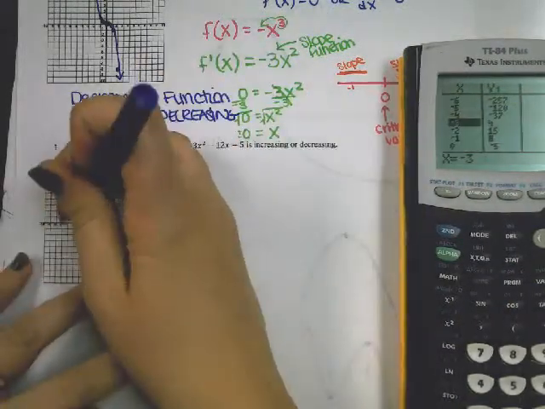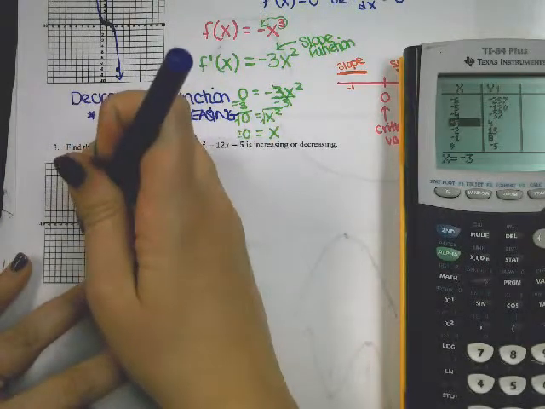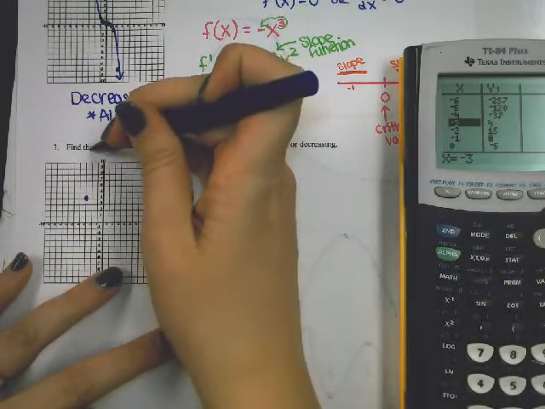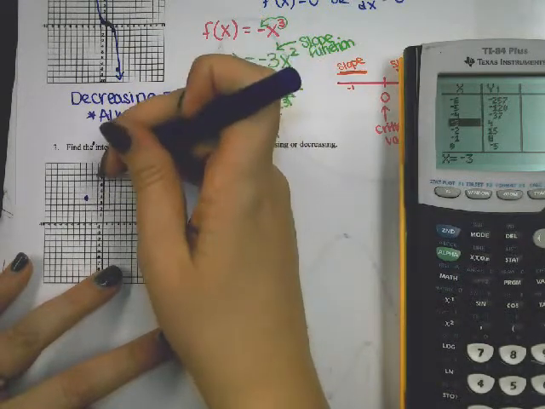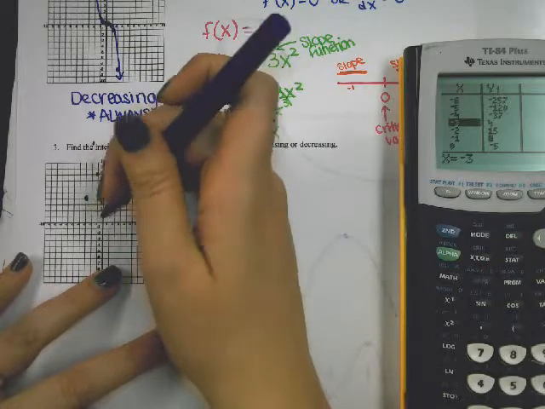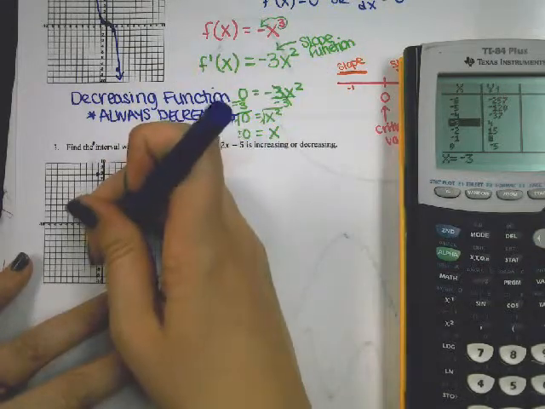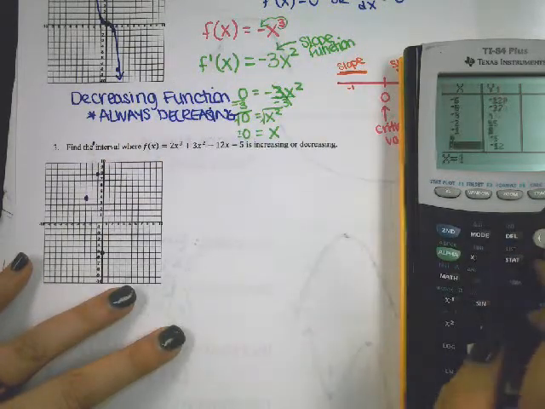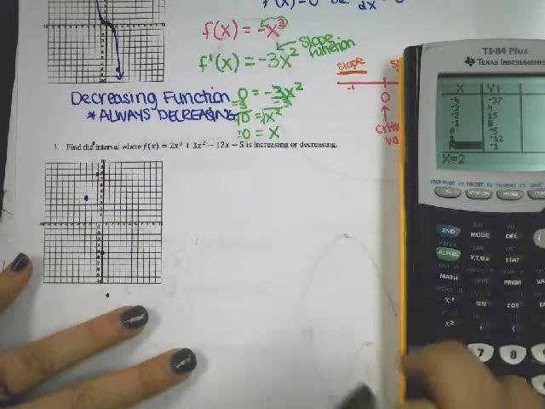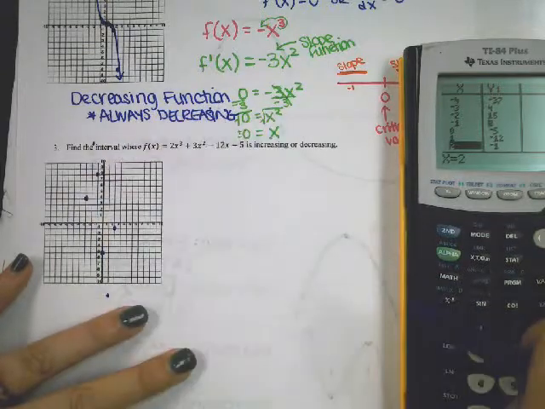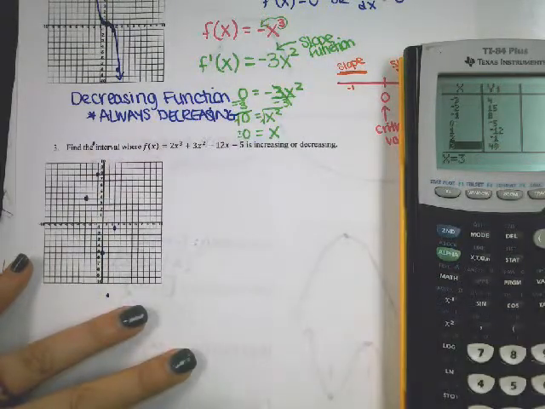Negative 3, 4. Negative 2, 15 will be way up here. Negative 1, 8. 0, negative 5. This is very steep. 1, negative 12 will be down here. 2, negative 1. And that's the last one.